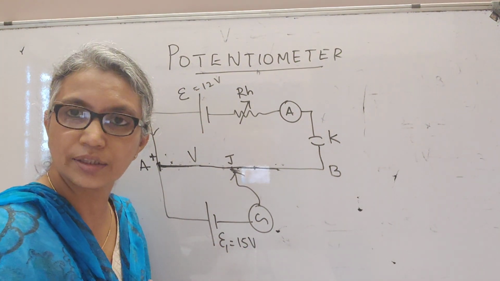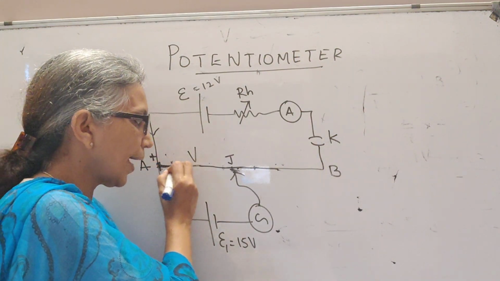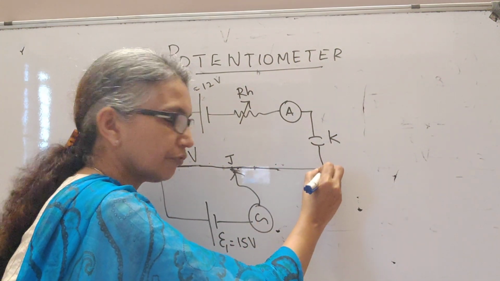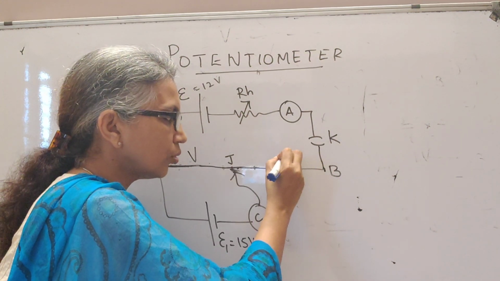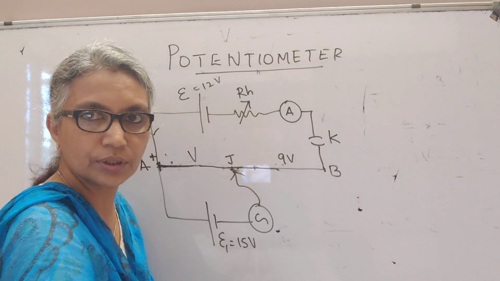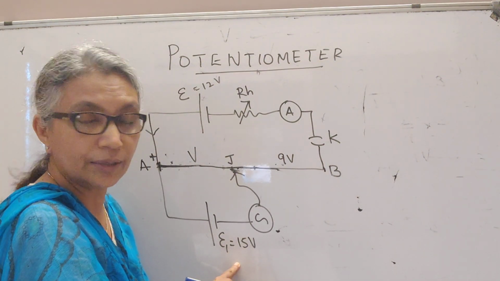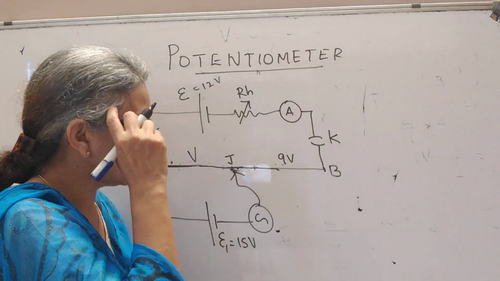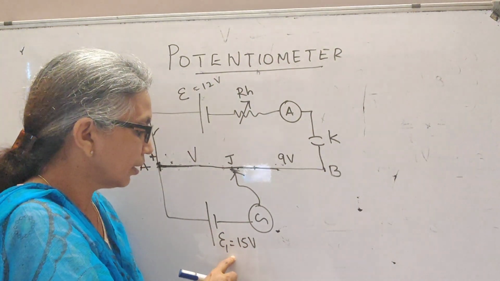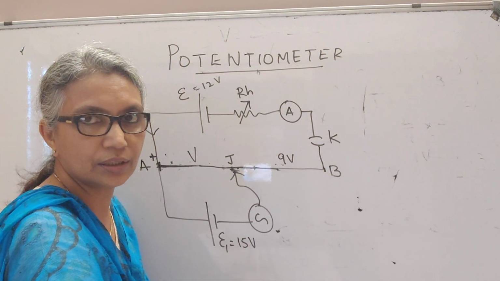You are never going to get null deflection, because even if you hold the jockey and pull it till the end, VAB, as you saw in my example, is only 9 volt, which is less than the 12 volt. But what are you trying to balance? 15 volt, which will never happen. So it means that this cell must never have an EMF greater than the driver cell.